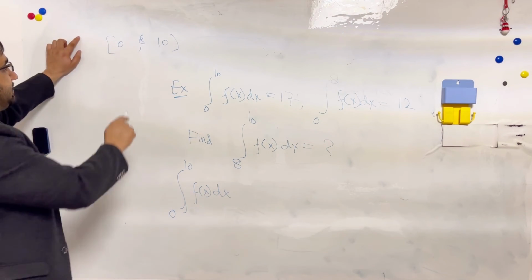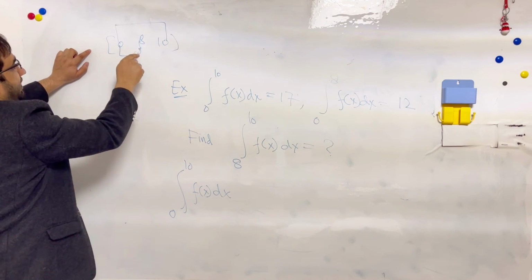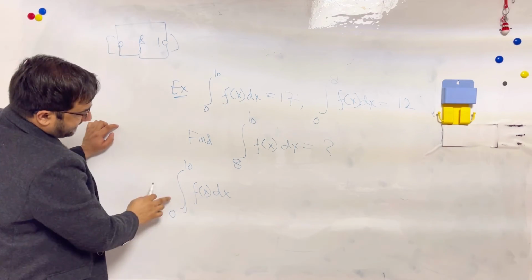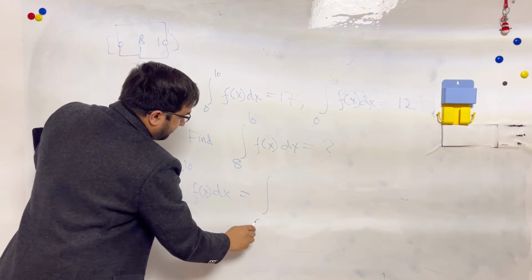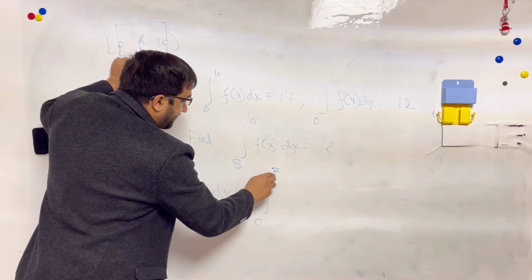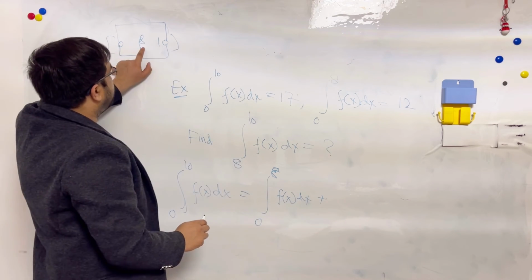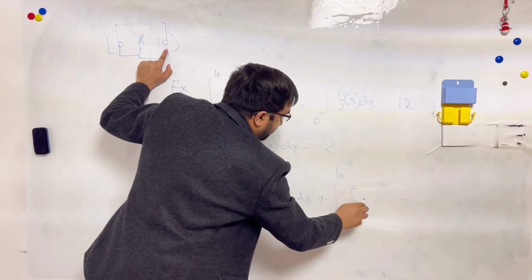The rule says that you can always split the total into 2 parts. This total integral from 0 to 10 is equal to the integral from 0 to 8 of f of x dx, plus then the second number to the third number, the integral from 8 to 10 of f of x dx.